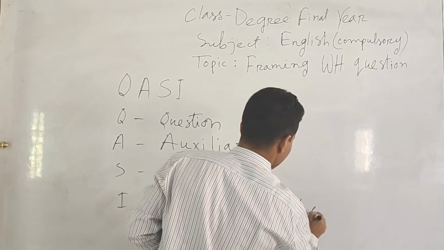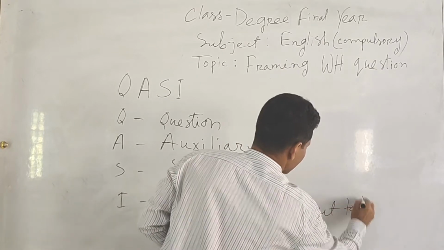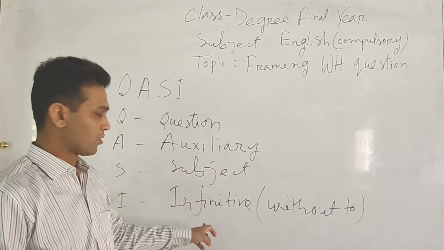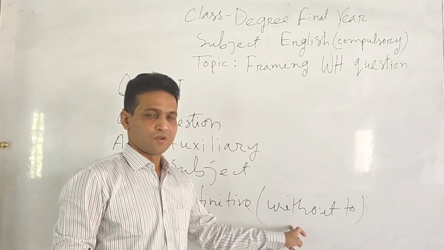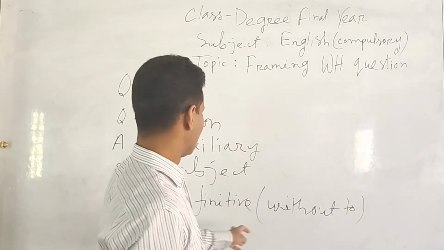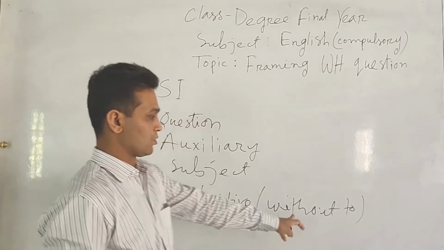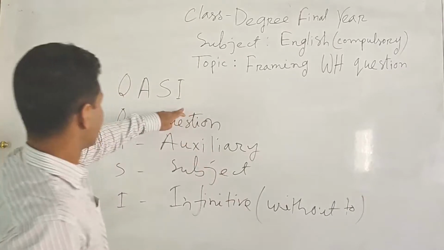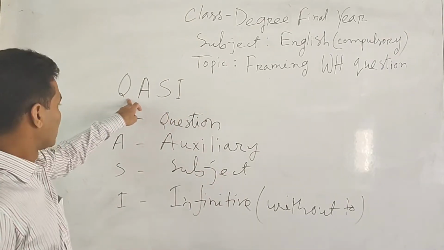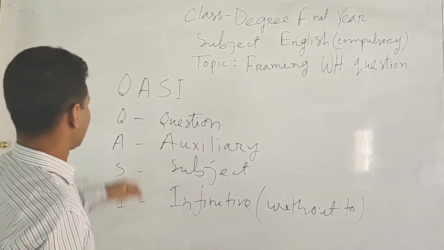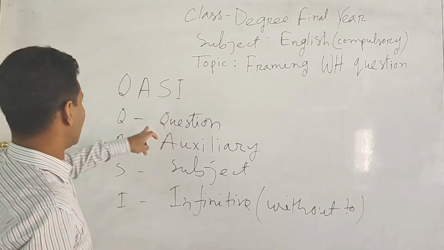Infinitive without to means the present form of verb. Infinitive, we know, is to plus the base form of any verb, so we will use infinitive but without to. So from this method we can learn easily how to make or how to form WH question.